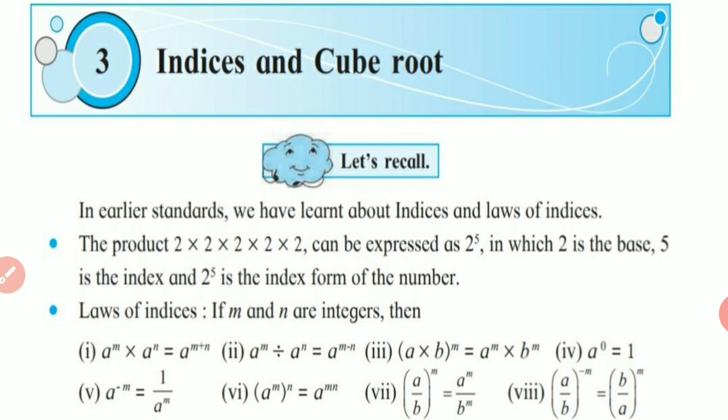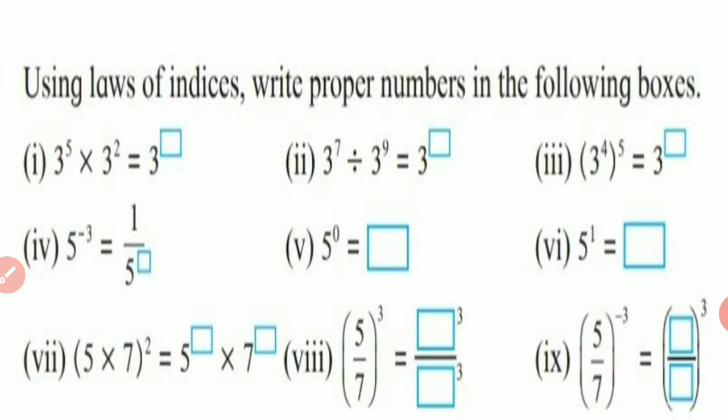Seventh, (a upon b) raised to m is equal to a raised to m upon b raised to m. Eighth, (a upon b) raised to minus m is equal to (b upon a) raised to m. These are the 8 laws of indices. Now we can see the examples of each one.